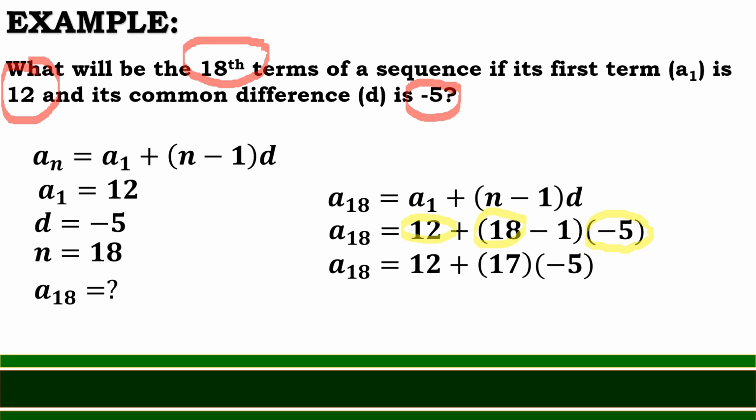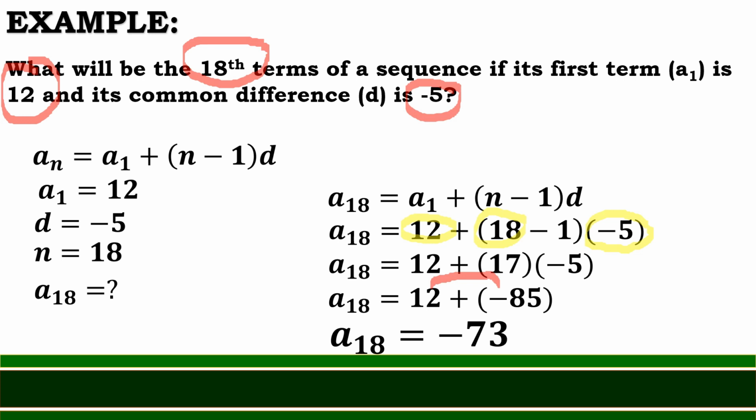Now we have 12 plus 17 times negative 5. So we are going to multiply 17 and negative 5. So magkakaroon tayo ngayon ng 12 plus negative 85. Dahil unlike sign sila, we need to subtract the values and copy the sign of the number with greater absolute value, which is a negative number. So therefore, a sub 18 here is negative 73.